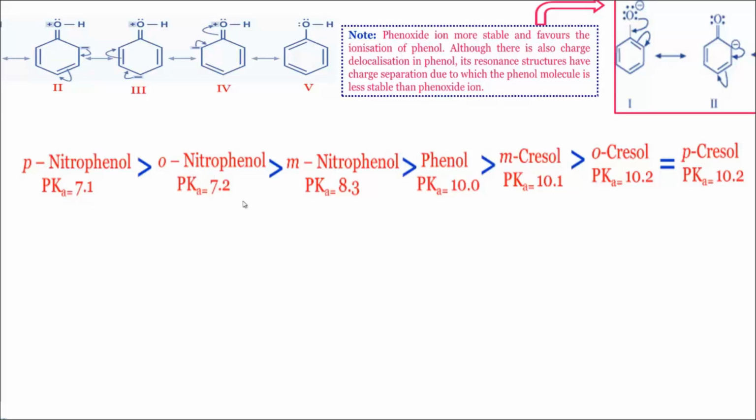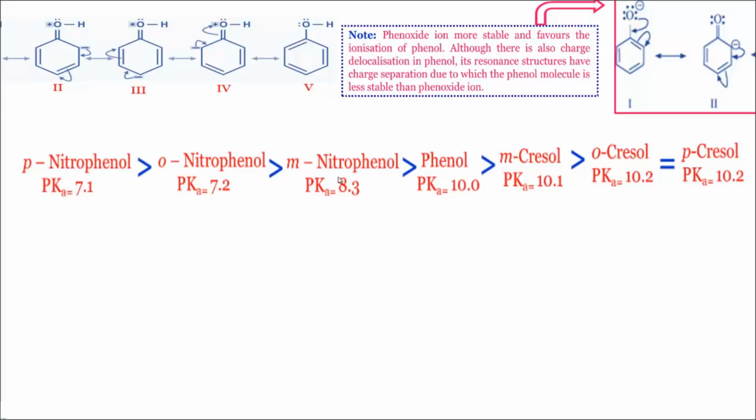Now let us look at the other isomer of this, meta-nitrophenol. What is its pKa value? The pKa value has become 8.3 from 7.2. What does this indicate? Meta-nitrophenol is a much weaker acid than ortho-nitrophenol and para-nitrophenol.